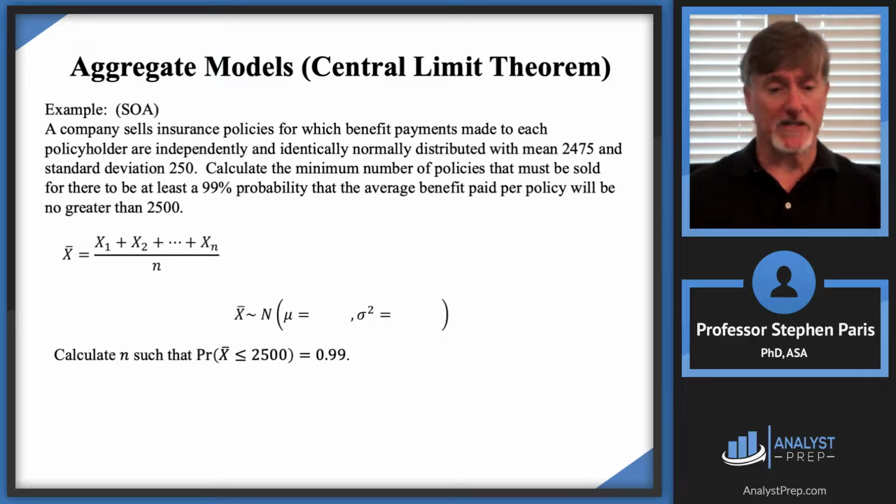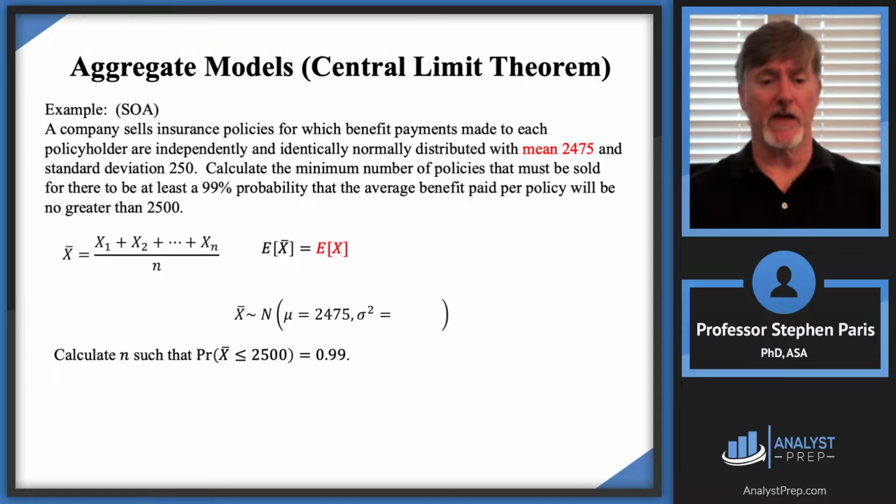But again, CapEx bar is a normal distribution, so I need to figure out what the parameters are. The expected value of CapEx bar is the expected value of CapEx, just from a previous slide in the video. So I'm using a mu of 2475.